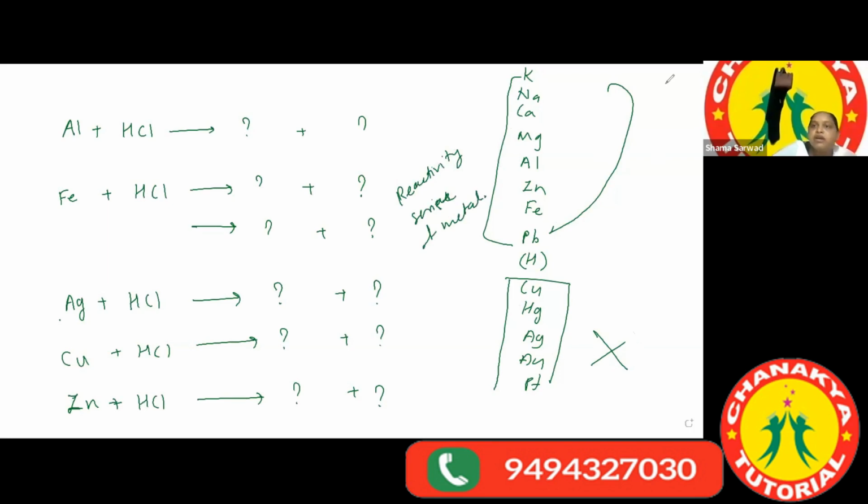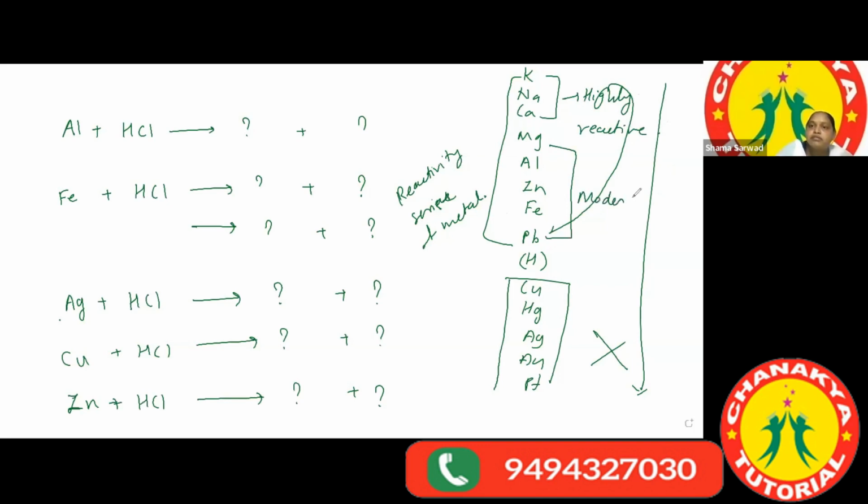Right? When you come from top to bottom in this series, the reactivity of metals decreases. So these upper metals like potassium, sodium, and calcium are highly reactive. Metals from magnesium till lead are moderately reactive. And these metals are least reactive.